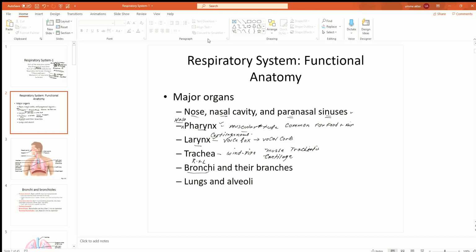And then the lungs are the last organs, and inside the lung you have the air balls. Those are called alveoli. Millions of air balls called the alveoli of the lung. So those are the organs.